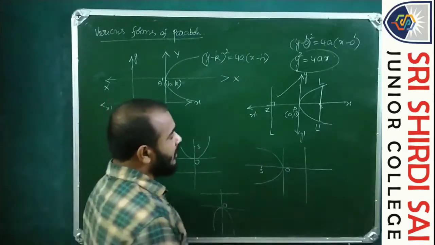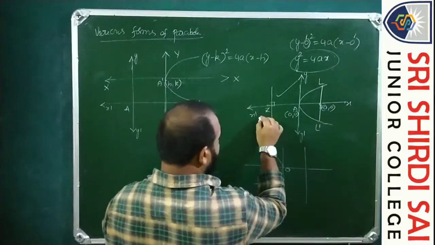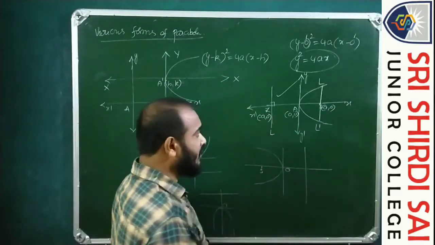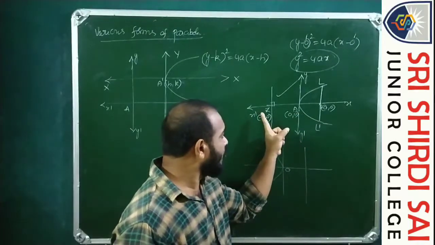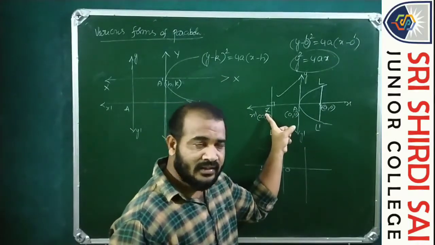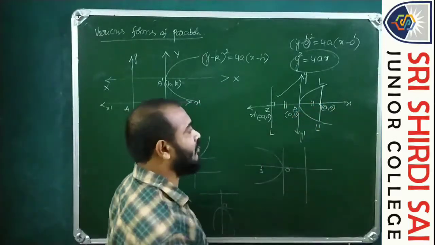And here this is a comma 0 and this is minus a comma 0, because the vertex is acting like the midpoint of the foot of the directrix and the focus. This is equidistant.